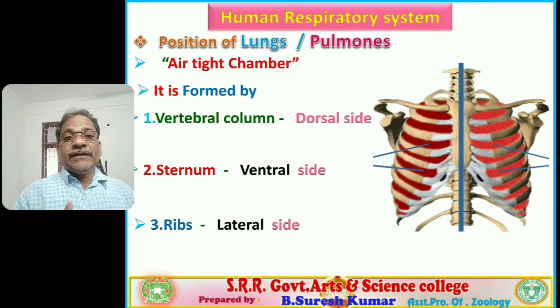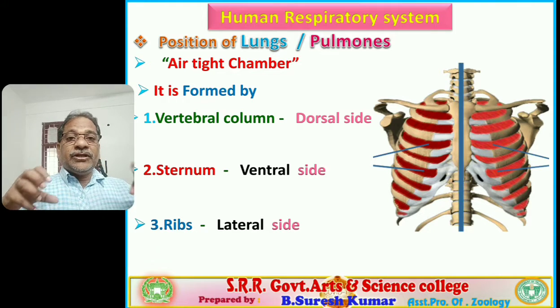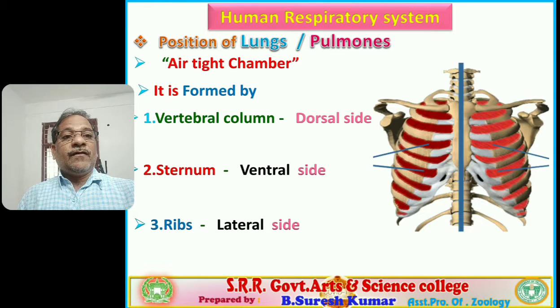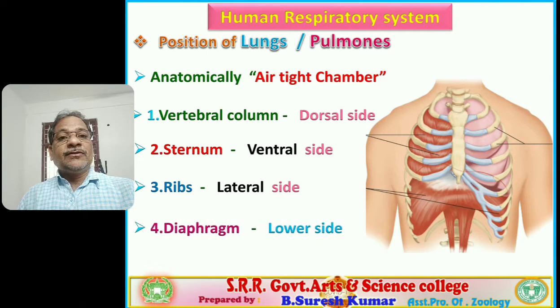So 12 pairs of ribs are present in our body, and such ribs form a rib cage in our thoracic cavity in which the lungs are accommodated. Follow. So the ribs form the lateral side border of the airtight chamber.